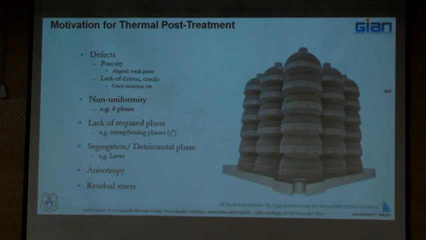Yeah. So far you are correct, right? So for example, imagine that you start building. It's EBM, your bed temperature is 1000 degrees, and this is taking you 6-7 hours to build. So this part has seen 1000 degrees for 6 or 7 hours, this has seen it for 4 hours, 3 hours, 2 hours.